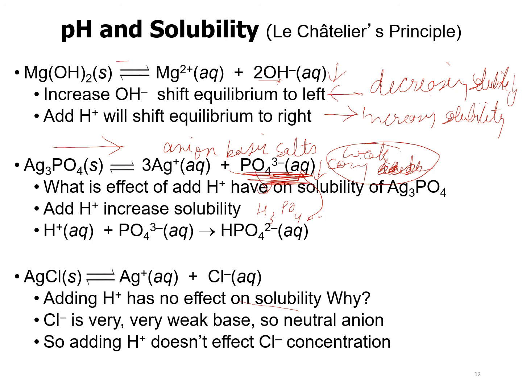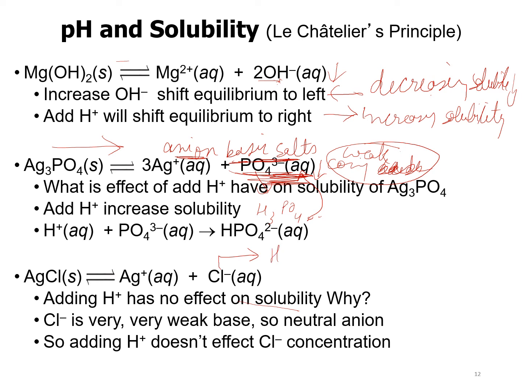So why is that? Remember, it only affects the solubility in the case of a basic salt. So the anion should be a weak conjugate base that is coming from a weak acid, right? So in AgCl, chloride ion is the anion.